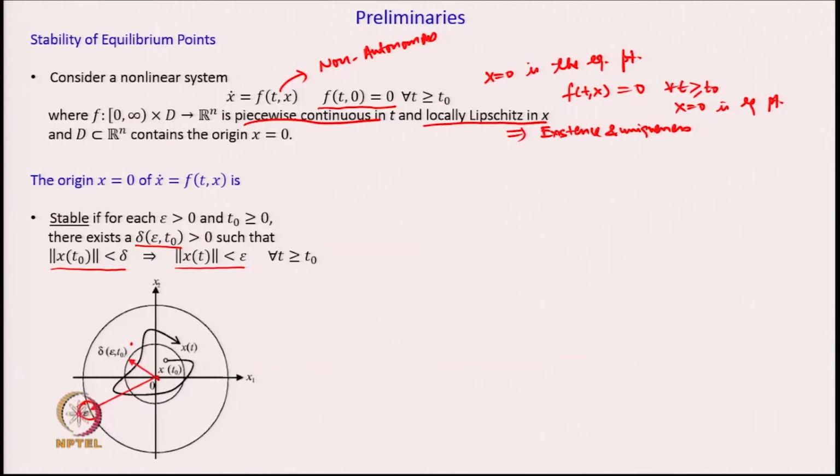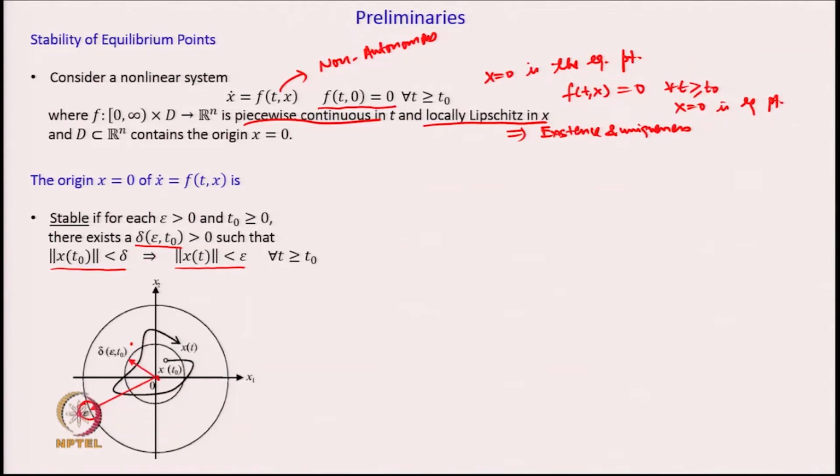Okay. A thing to note here is that the constant delta depends on epsilon as well as the initial time t naught. For autonomous systems, that is for systems where the function f is not explicitly dependent on time t, this constant delta is only a function of epsilon.